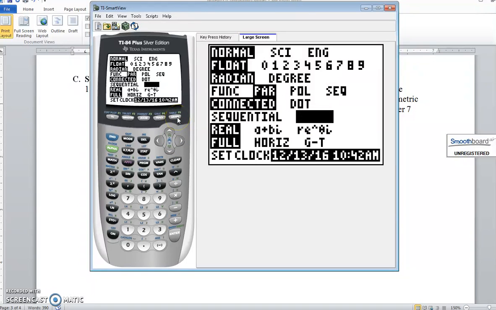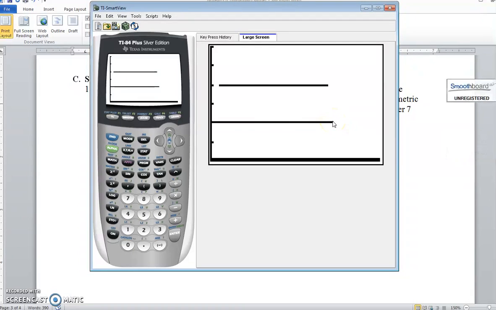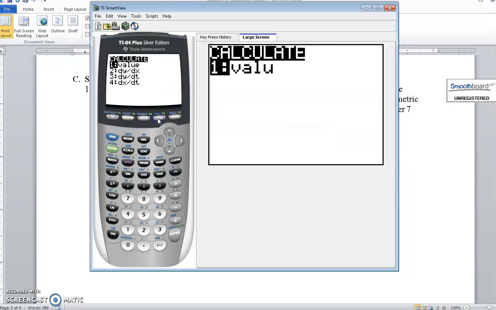Now if I hit graph, hopefully I'll see the race if my computer is fast enough here. You can kind of see it happening. It might be a little clearer on your screen. You can see at 10 seconds, it looks like the second place, or the bottom person, which is Mike, is ahead. Now the question is, who's ahead at 7 seconds? For that, we can go to second, calculate, and we want to do a value.